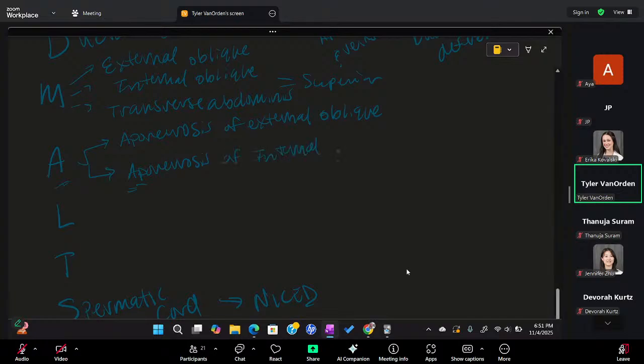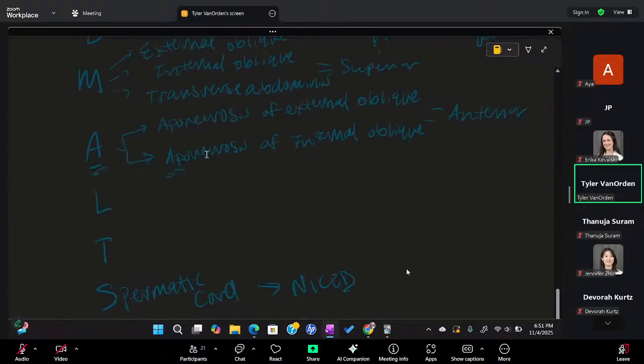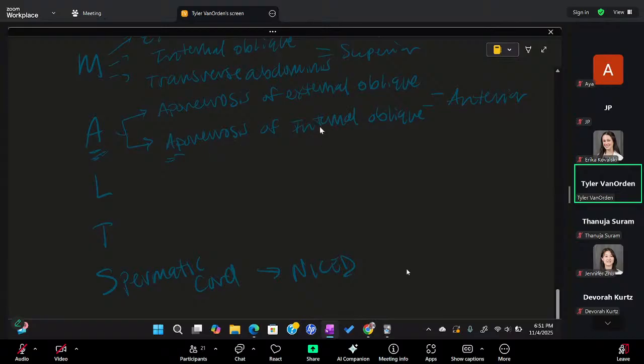And I'm sorry about my handwriting. I promise you it's not that bad in real life, but this pad is so annoying. And then A also has a third meaning. It's for the anterior border. So M superior is for muscles. There are three. A anterior is for aponeurosis of the external and internal oblique.